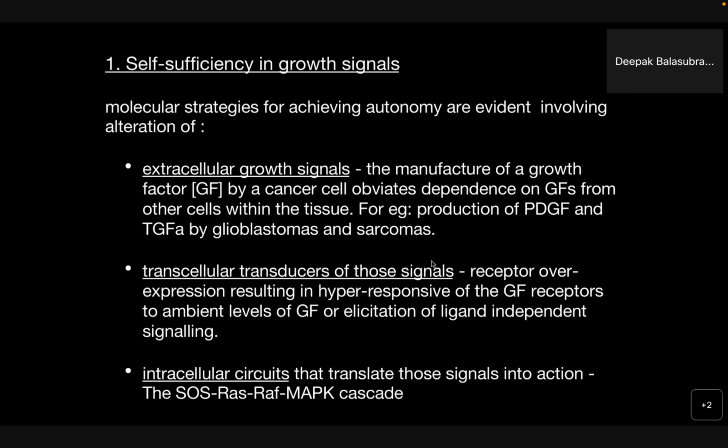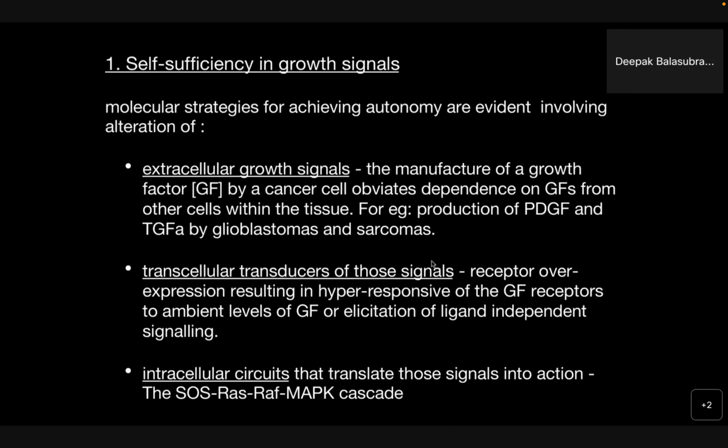And then even if you don't have the growth factors, there is receptor overexpression. So even if you have less growth signals from the outside, because the receptors are overexpressed, the transcellular activation of the intracellular mechanisms is promoted, because the receptors are overexpressed and the middleman also is overexpressed.